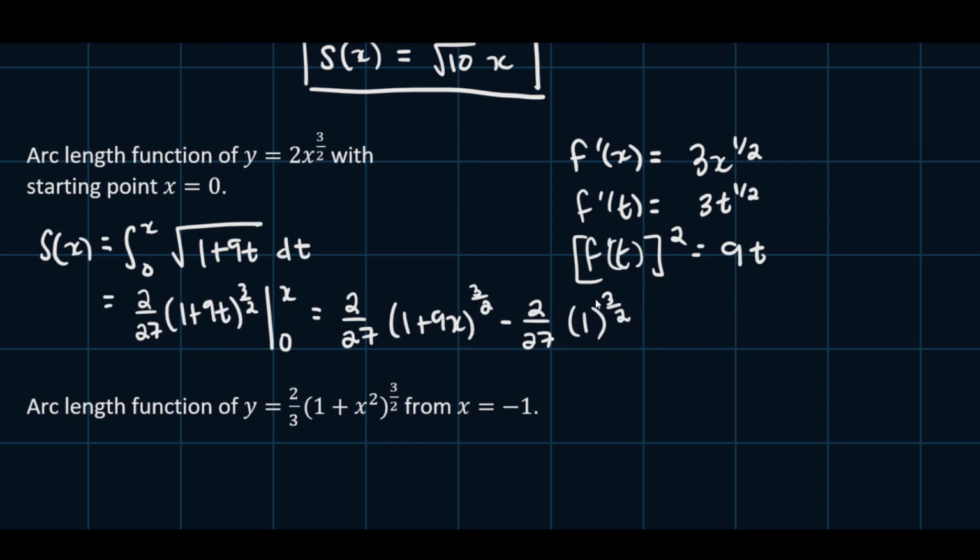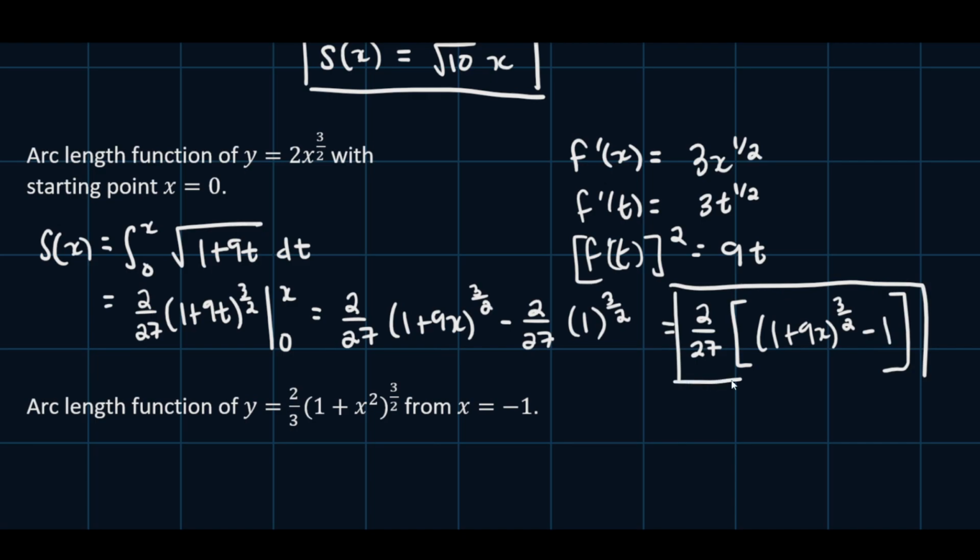Now, 1 raised to 3 halves is just 1. So, the last step is for us to simplify this. We factor out 2 over 27, and what remains is 1 plus 9x raised to 3 halves minus 1. So, this is the arc length function of the second item.